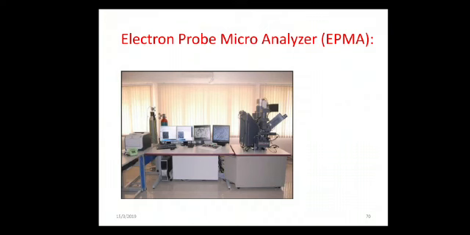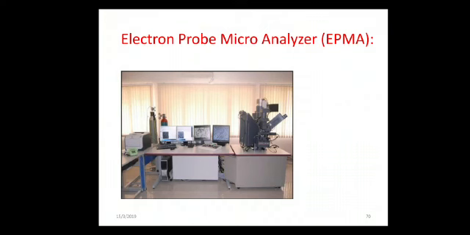Next instrument is the electron probe micro analyzer, also known as EPMA. The electron probe micro analyzer is a micro beam instrument used primarily for in situ, non-destructive chemical analysis of minute solid samples.